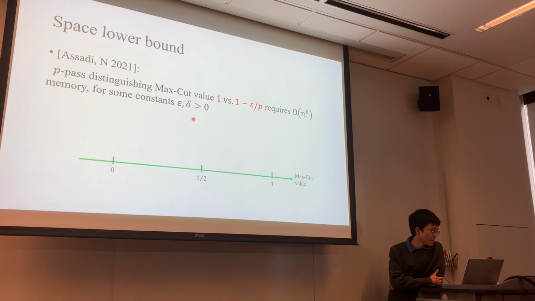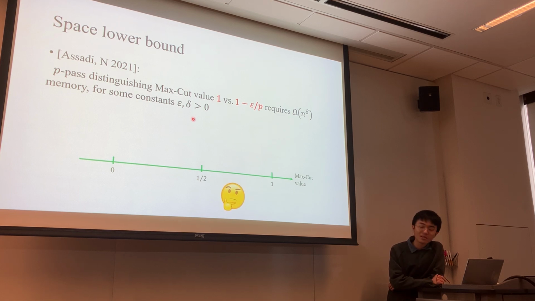And then people studied multipass streaming, and it was proven by Assadi and N in 2021 that there exists an epsilon such that distinguishing max cut value 1 from graphs with max cut value at most 1 minus epsilon requires polynomial space in multipass.